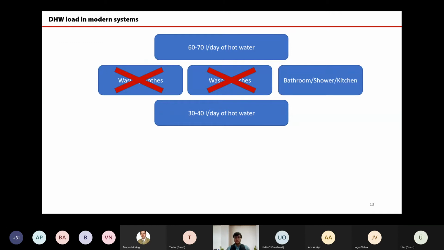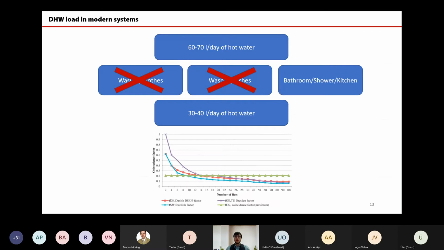In the most general way, for a flat having one kitchen, one bathroom, you can calculate approximately 35 to 40 kilowatt of domestic hot water. This 35 to 40 kilowatt you need to multiply, of course, by the amount of flats you have, and then use a coincidence factor. This coincidence factor you can take from flat station recommendations right now.